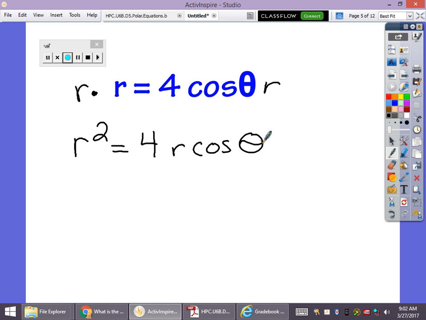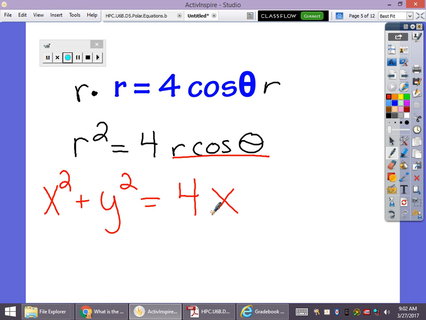So what do you know about R squared? My ultimate goal is to get everything with X's and Y's, right? So x squared plus y squared equals 4x. Great.